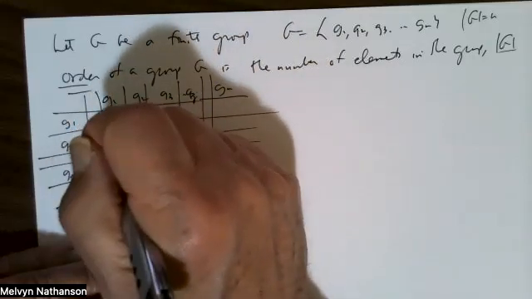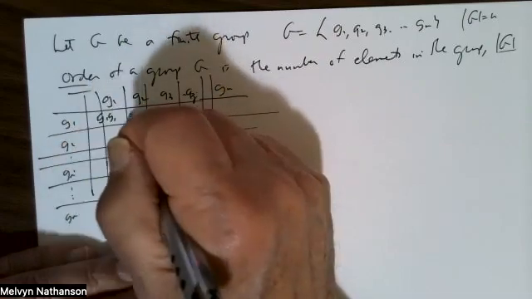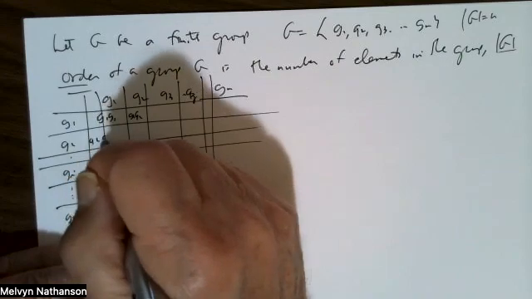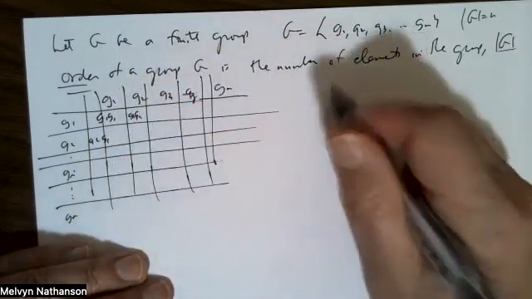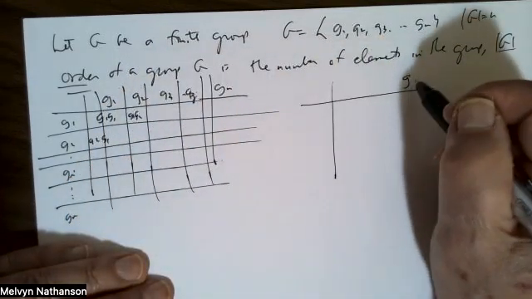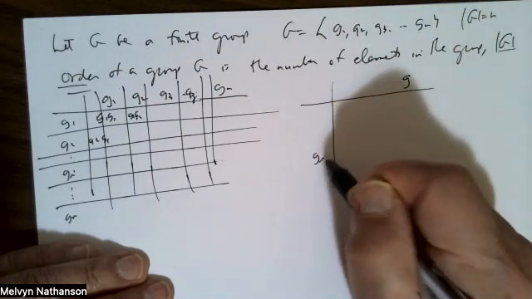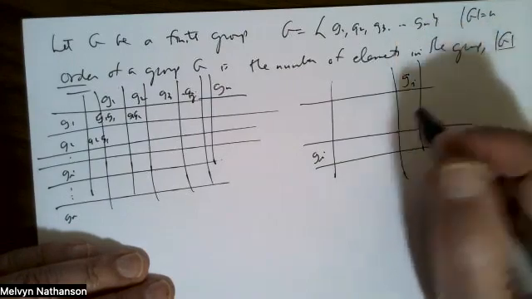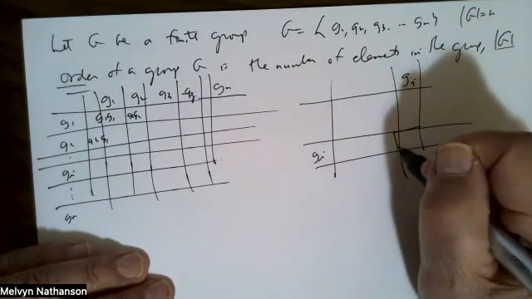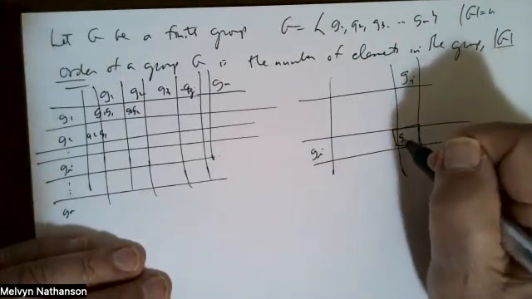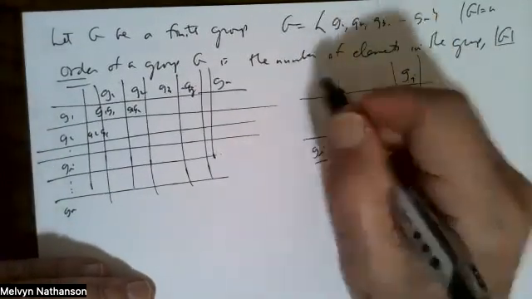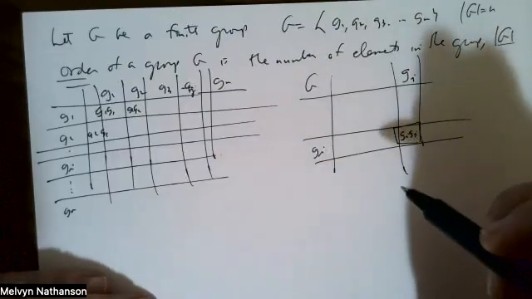It's where I have the element Gi, and here the element Gj. In the table, in this box, if you like, I put in Gi times Gj. So this is the multiplication table for the group.